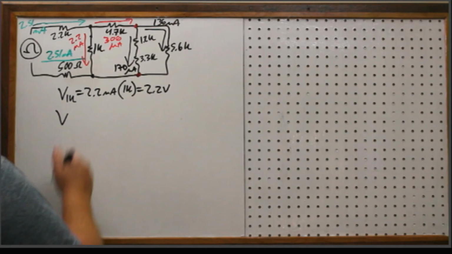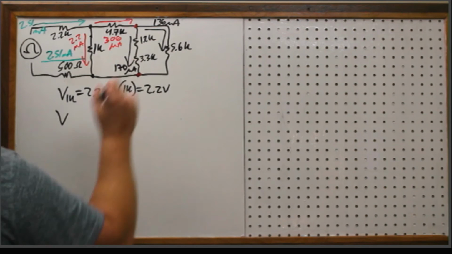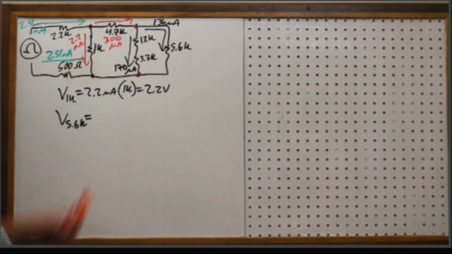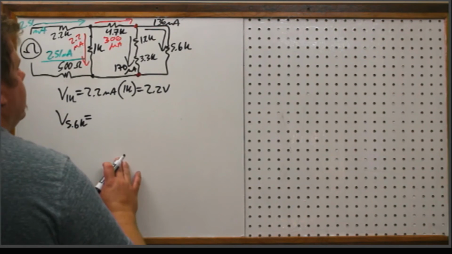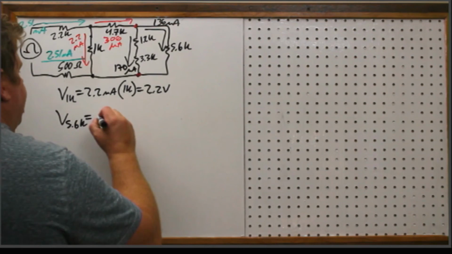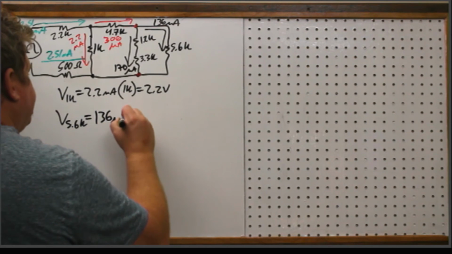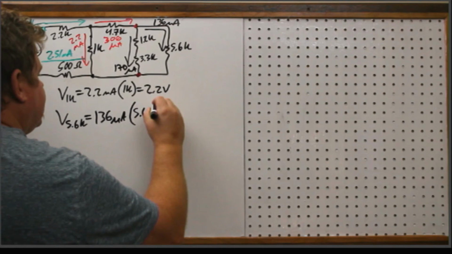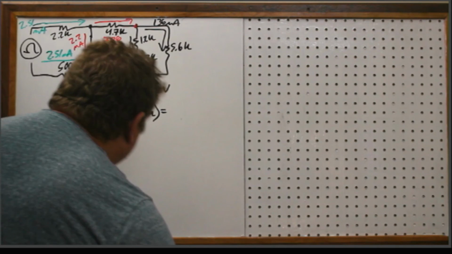The voltage of the 5.6K, how about that? That's the one over here. Not very much, right? Because there's only 136 microamps of current. Not very much current at all. So we have 136 microamps. Again, V equals I times R. So that's 5.6K. On this one, I'm going to have to do the calculation.